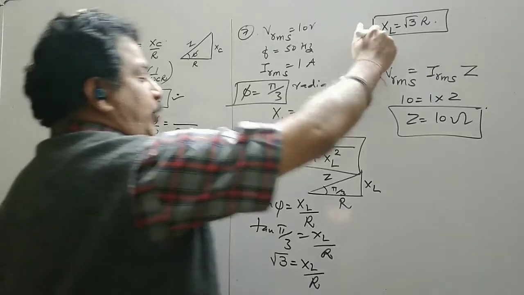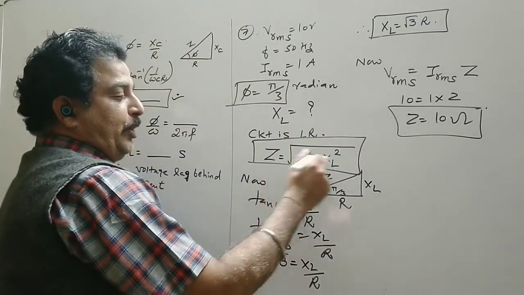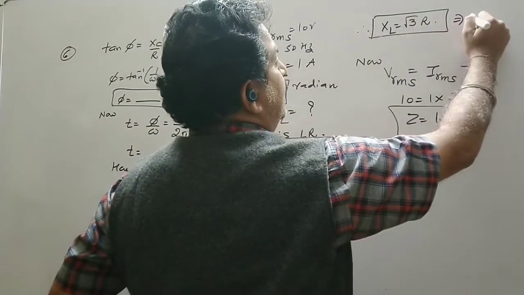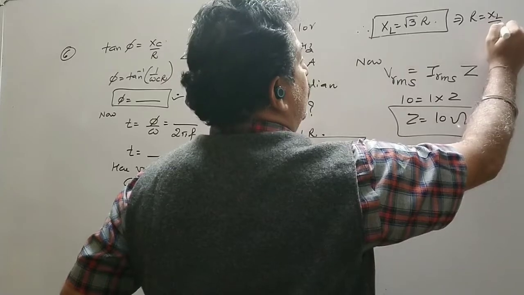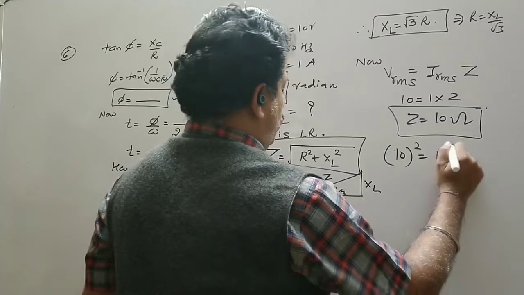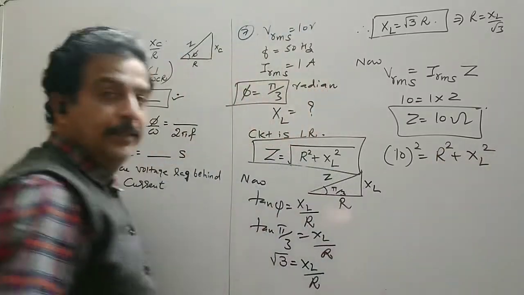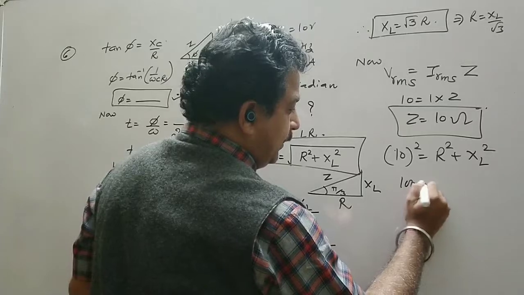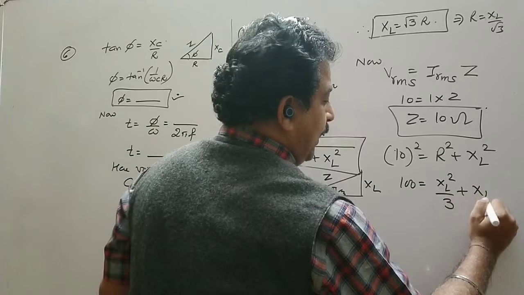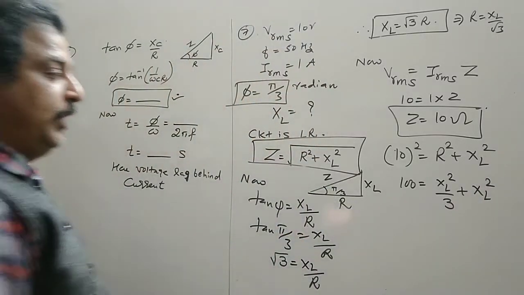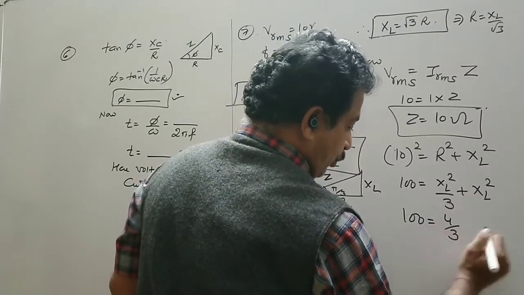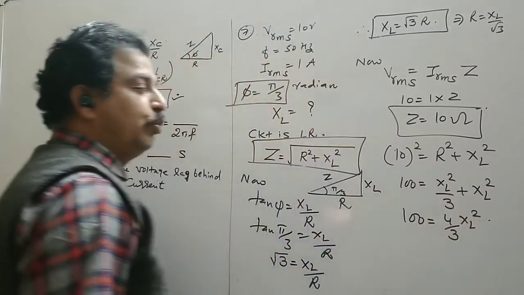We substitute this value here. Because we need to find XL, we eliminate R. So R can be written as XL by root 3. Now Z is equal to 10, so 10 square is equal to R square plus XL square, that is 100 is equal to XL square by 3 plus XL square. So 100 is equal to 4 by 3 XL square.